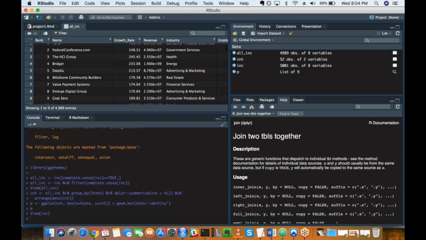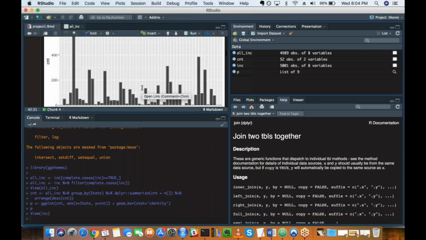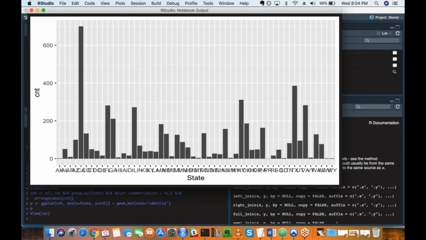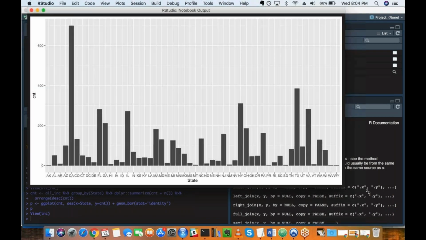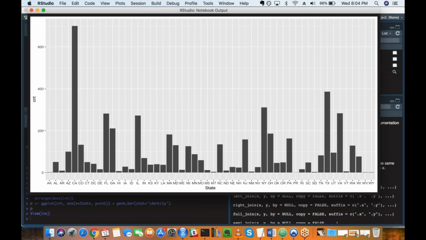And I'll show some of these in my markdown here. I don't know why it doesn't render like this when we're looking at the slides, but this is just a first cursory look at the data.